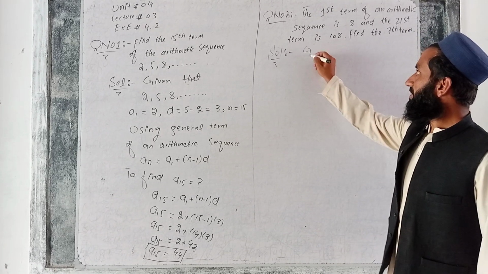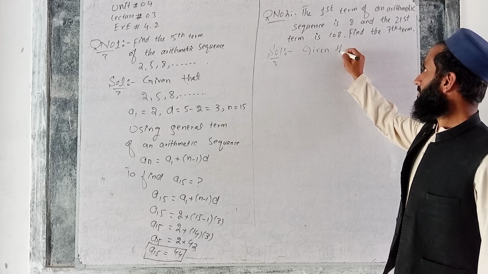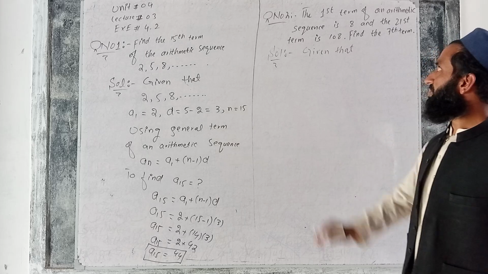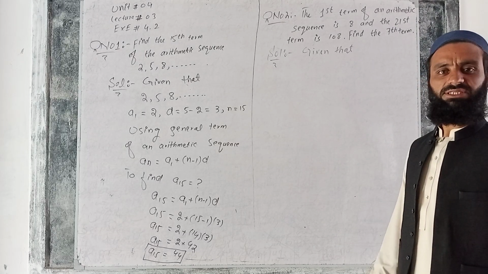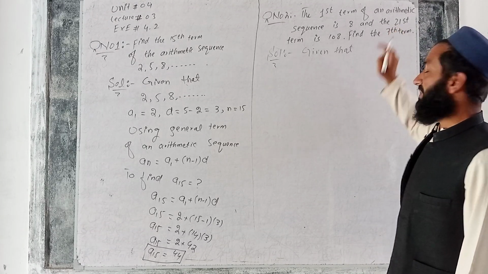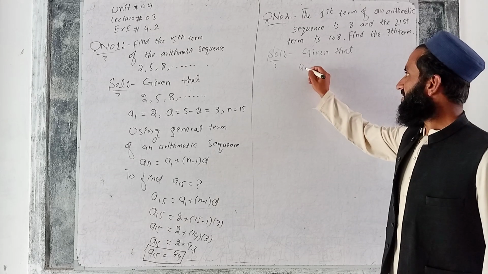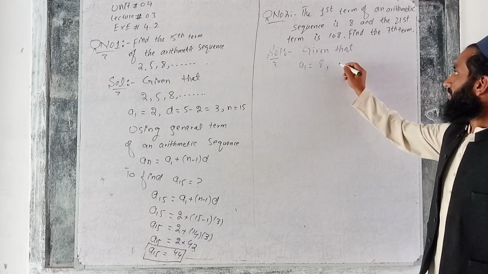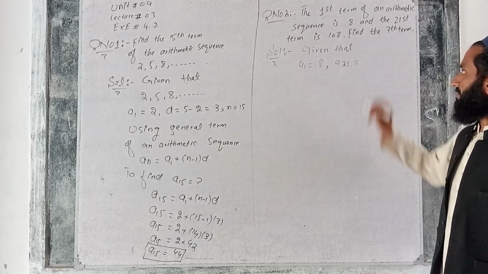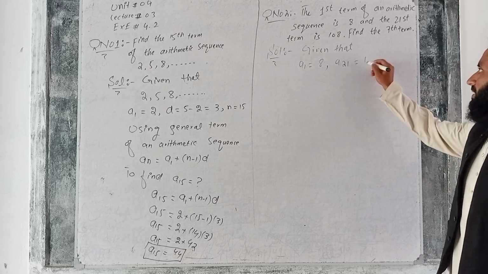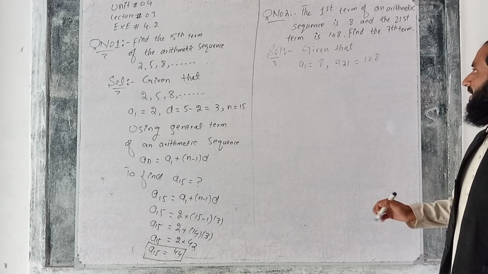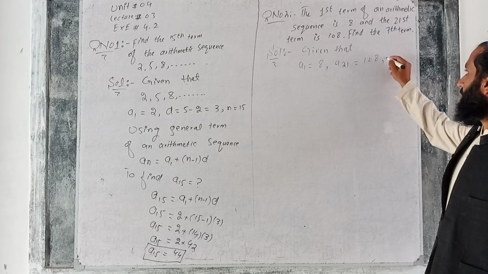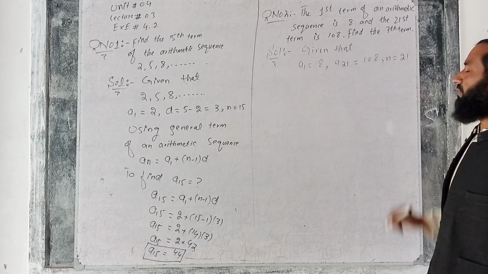Solution: given that here in this question we have given the first term and the 21st term. So the first term a1 is equal to 8, and the 21st term is equal to 108. Here if you look at this question, n is equal to 21.